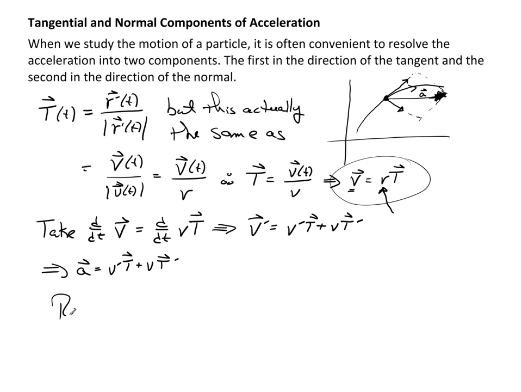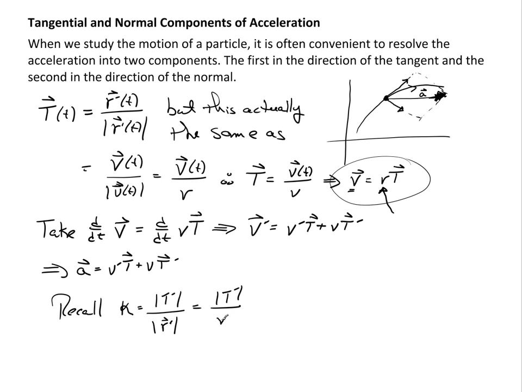Now, recall that for curvature we use kappa. We define curvature as the magnitude of the first derivative of the unit tangent vector divided by the magnitude of r prime of t, the first derivative of the position vector. But that I can write as the magnitude of T prime over, well, the first derivative of the position vector is velocity, and the magnitude of it is the magnitude of velocity, which is also known as speed.